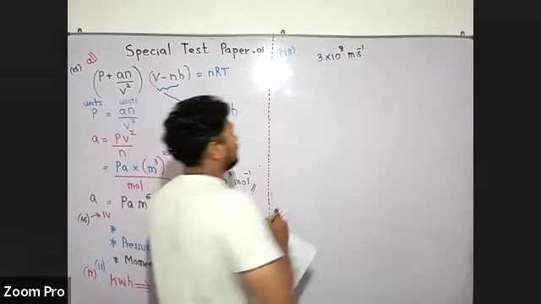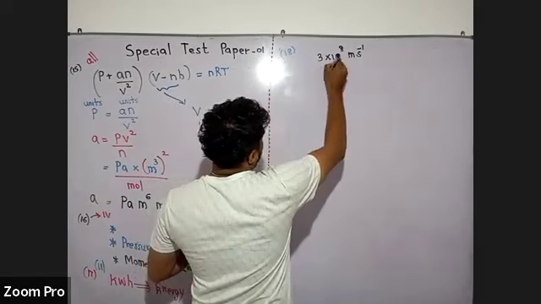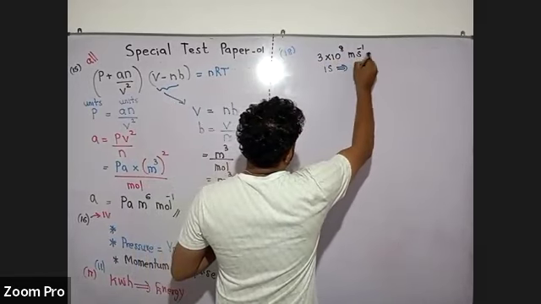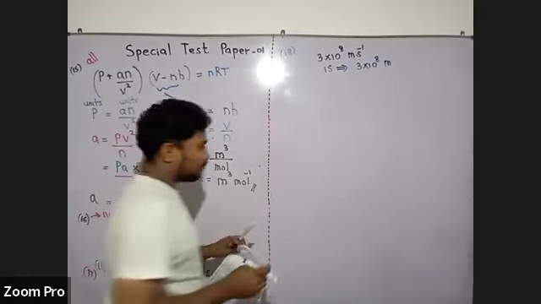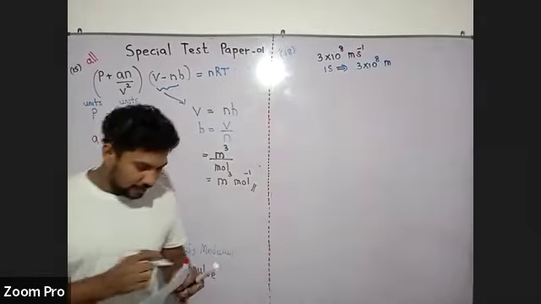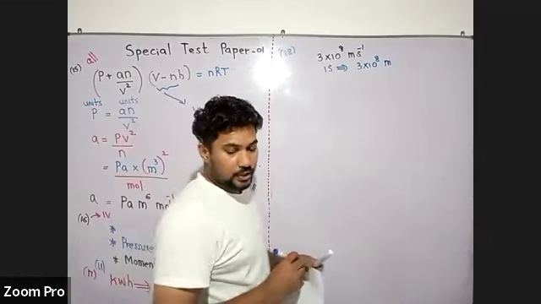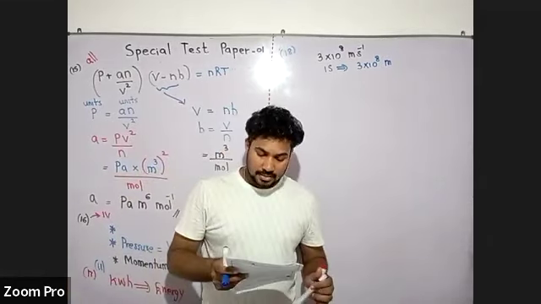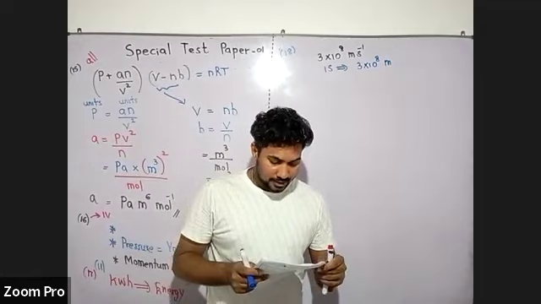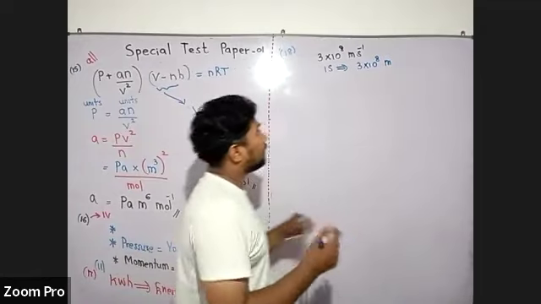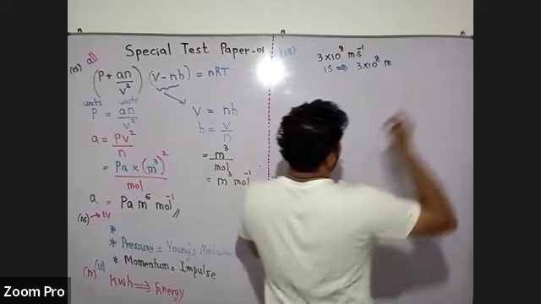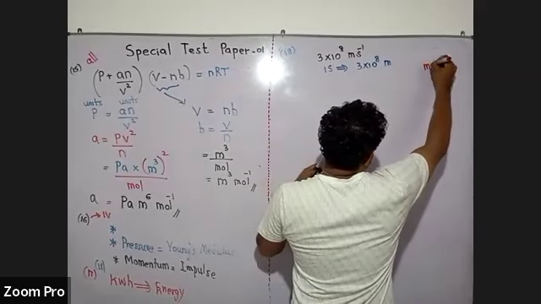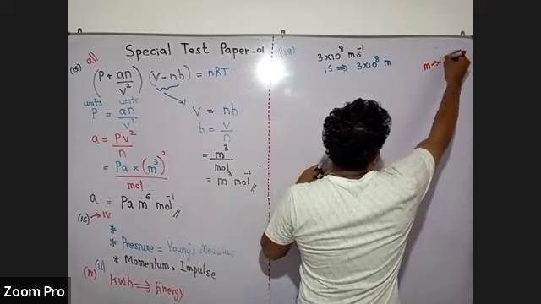Light is moving this amount of distance within 1 second. The answers are given in kilometers, so we have to convert meters into kilometers.